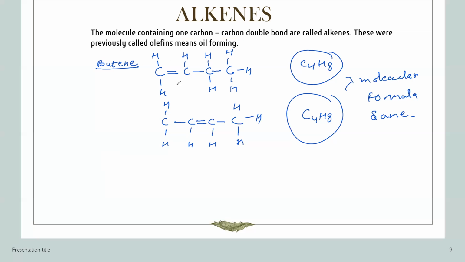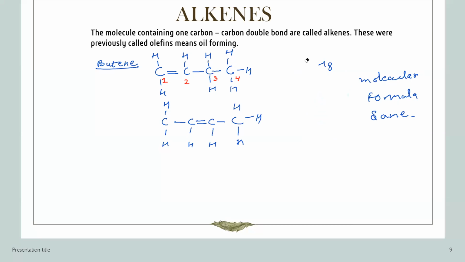For example, here I start numbering: 1, 2, 3, 4. So I have numbered this carbon. So what would be the name? The name would be but-1-ene.